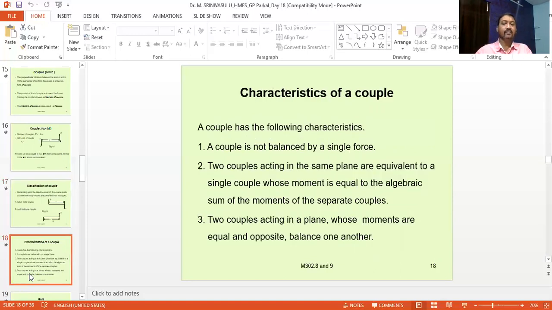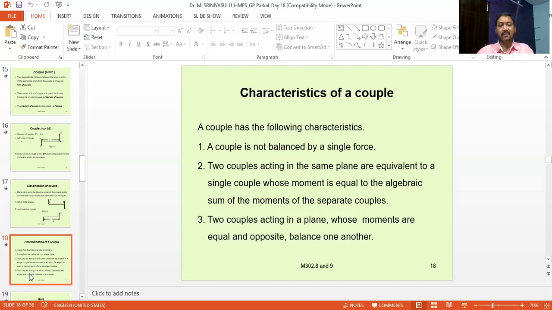Now the characteristics of a couple. The couple has the following important characteristics. First one, a couple is not balanced by a single force.